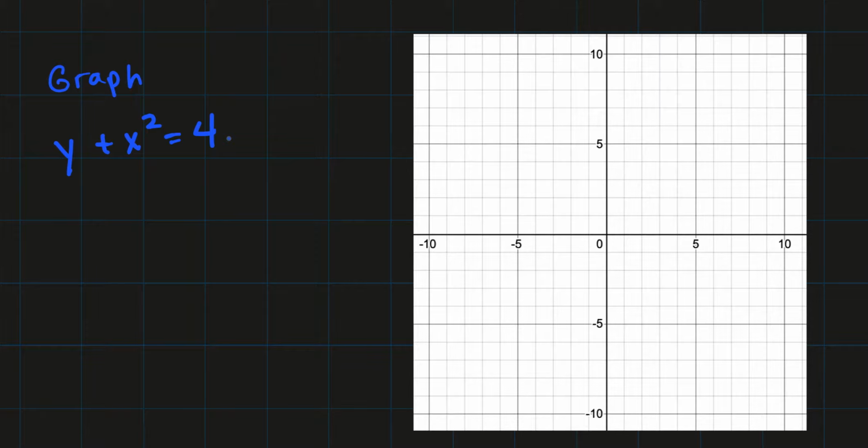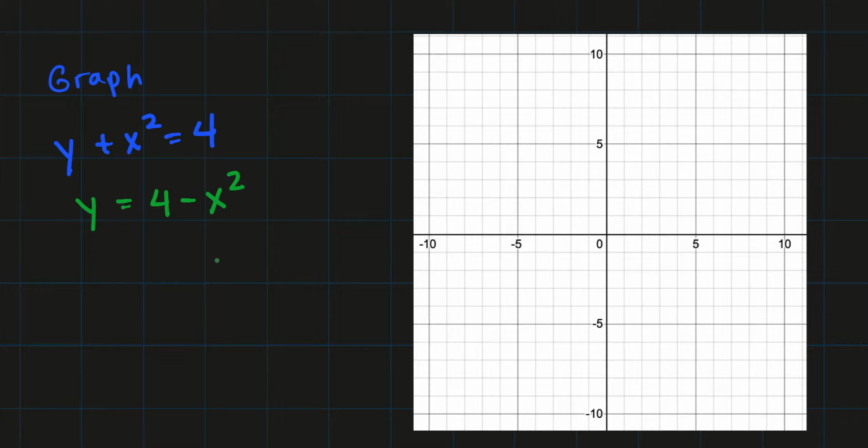What is this going to look like? Again, we're going to plot this by just plotting points. That's how we're going to graph it. So what I would do is solve for y. So y is equal to 4 minus x squared. And what you're going to do is just choose something for x and see what you get for y, and then you'll have an x and a y coordinate, and you'll be able to plot a point.